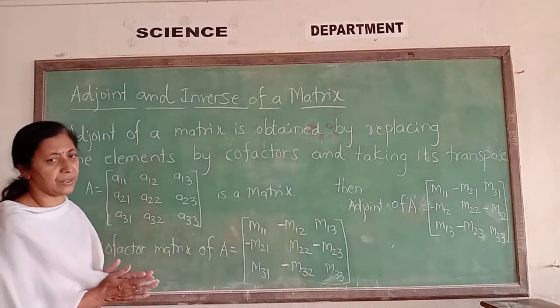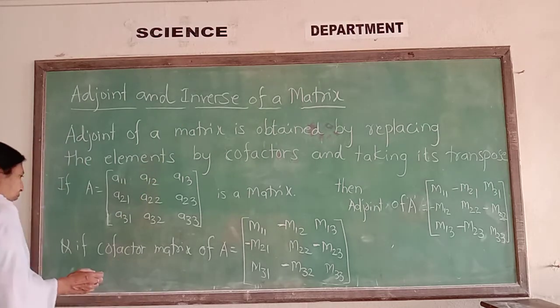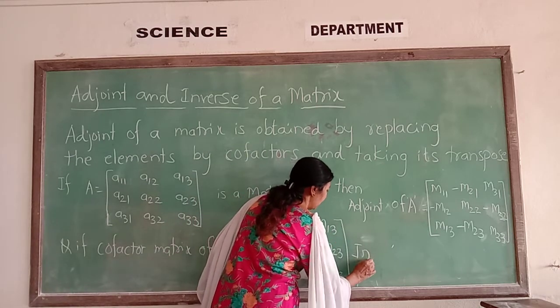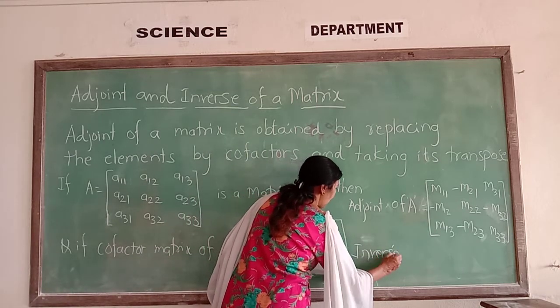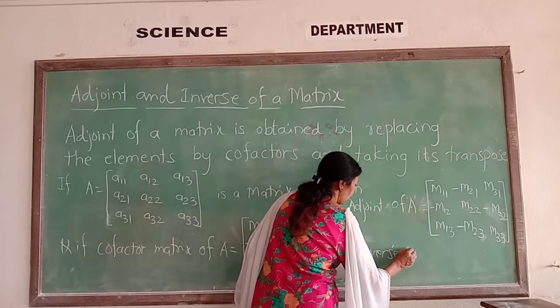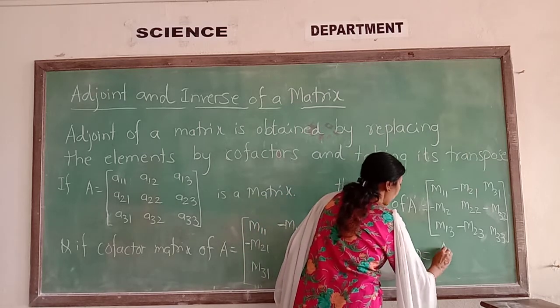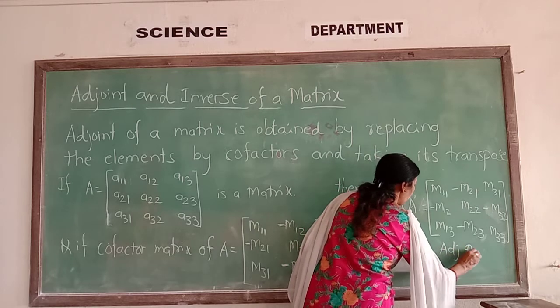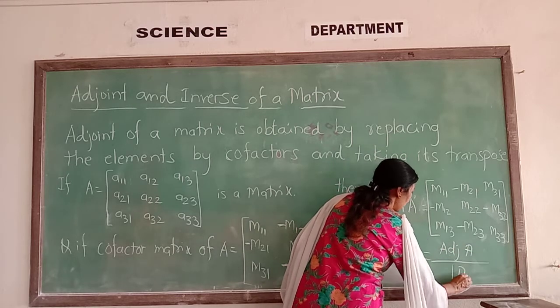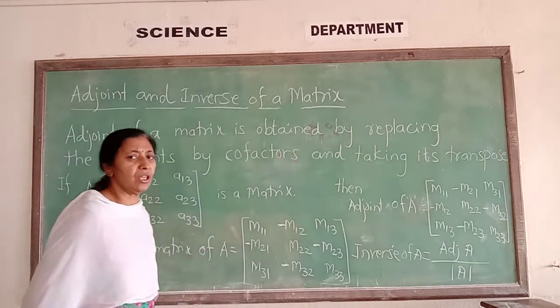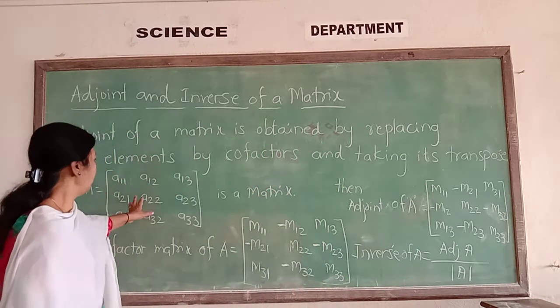Then what is the inverse of a matrix? If you want to find the inverse of a matrix, the formula is: inverse of A equals adjoint of A divided by determinant of A, provided it should not be a singular matrix.